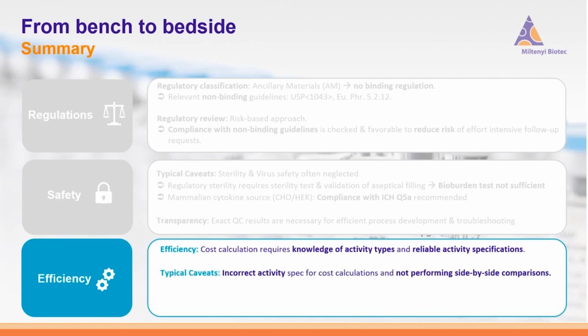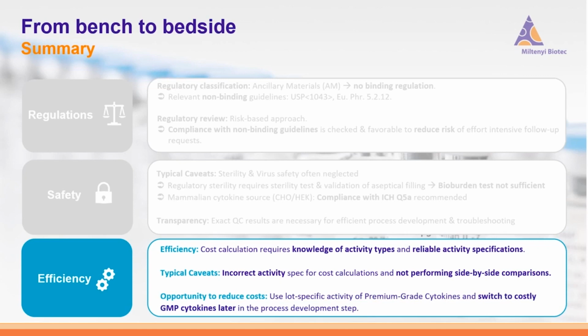Typical caveats would be to use the incorrect activity specification for your cost calculations and not to perform side-by-side comparison before choosing a cytokine vendor. And finally, there is an opportunity to reduce cost in process development, and that is by using the lot-specific activity of our premium-grade cytokines and to switch to the cost-intensive GMP cytokines later in the development process.